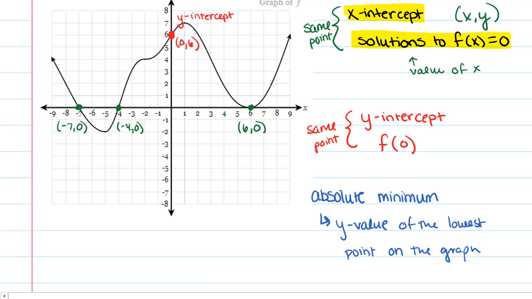So if I look at this graph, the very, very lowest point would be, it looks like, right here. If I draw an imaginary line, no other part of the graph goes as low as that point. So this is going to be our absolute minimum. Sometimes we write it abs min, absolute minimum. And that value is -2.